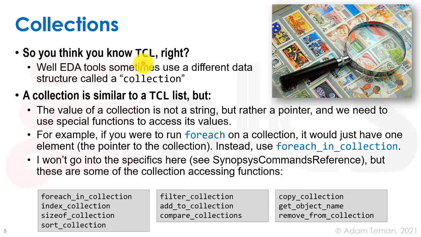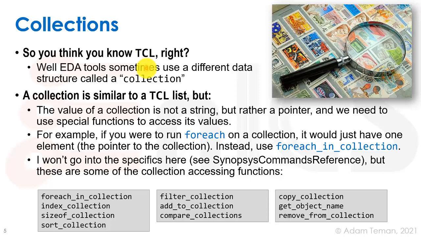So they decided to take the just standard Tickle and make a type of a pointer out of it called a collection, and the pointer points to a certain place in the memory, which has the different dictionary type properties, like again, the net has capacitance and maybe delay and maybe the wires that make it up and so forth. And they call this, at least in the SDC Synopsys type language, a collection. And it's very similar to a list.